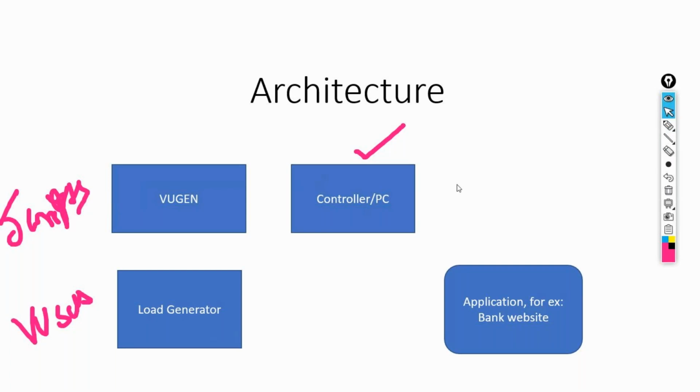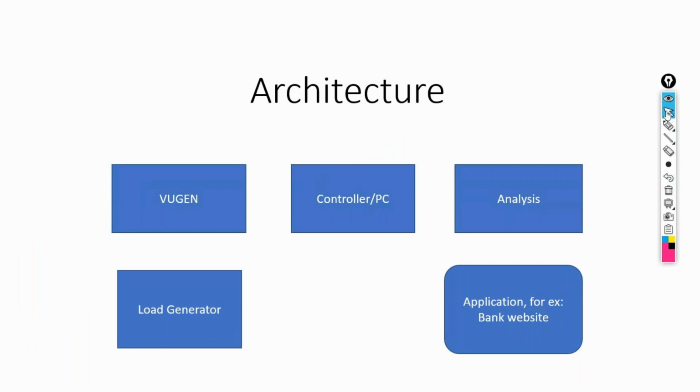That component is called analysis. Analysis is a component which gives us a detailed analysis report, and along with that it will give us various metrics in terms of graphs to analyze in detail. So these are the different components that are part of LoadRunner architecture.